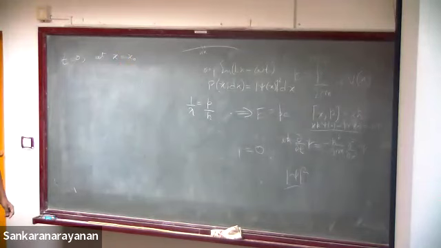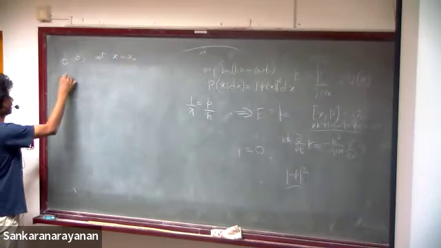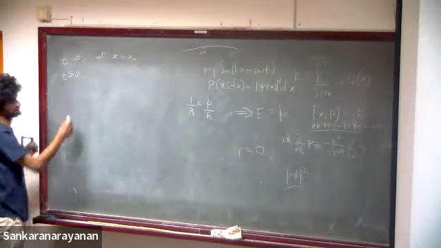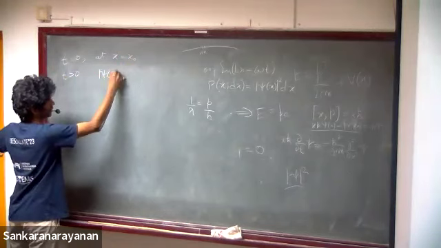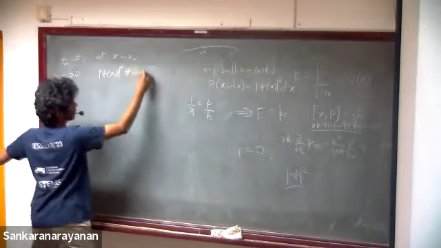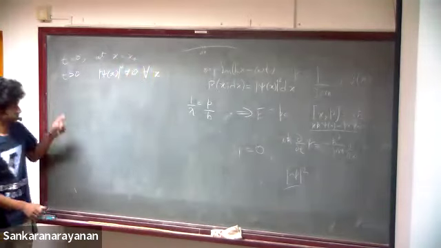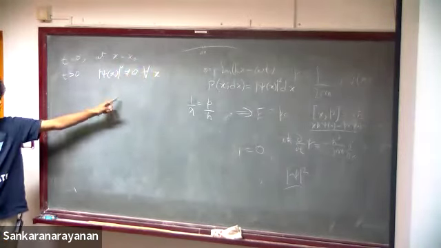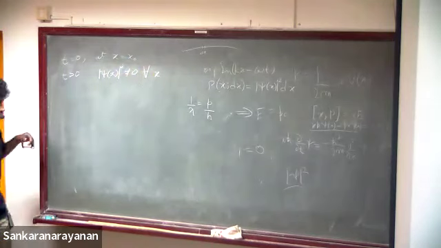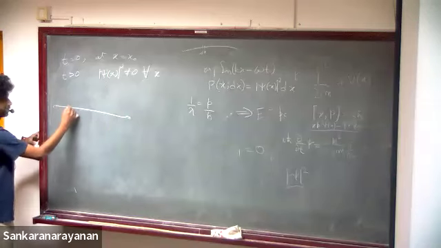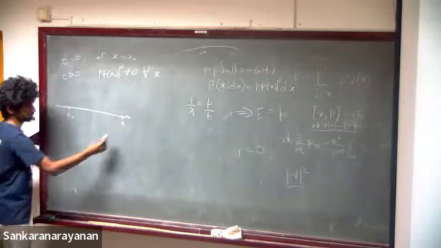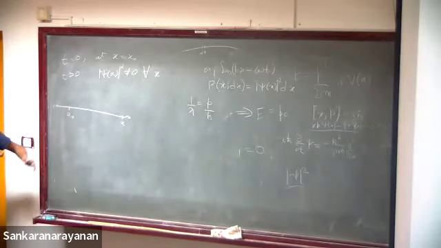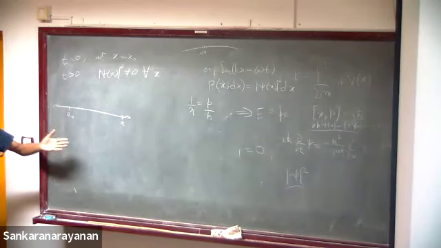Now, it turns out that for any t greater than 0, arbitrarily small, the probability density mod psi of x squared is non-zero for all x, which means in a really short amount of time, it's possible for a particle to just show up somewhere else if you measure its position, which violates special relativity because the particle just traveled faster than the speed of light.